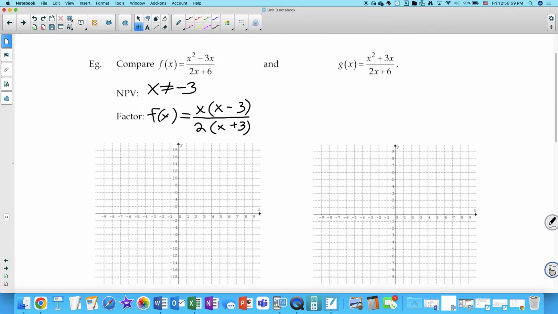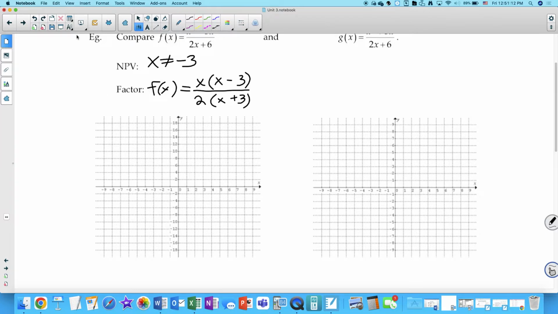Okay. All right, so does anything cancel here? No. Okay, so if nothing cancels, we know that there is going to be a vertical asymptote at x equals negative 3. Okay, so I'm going to put that in here.